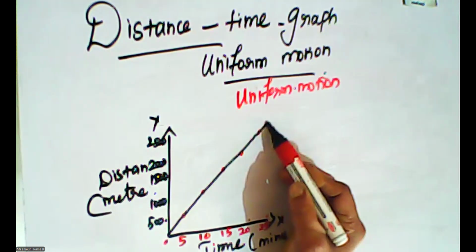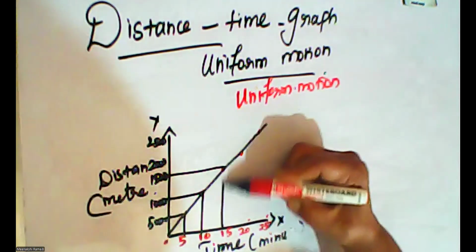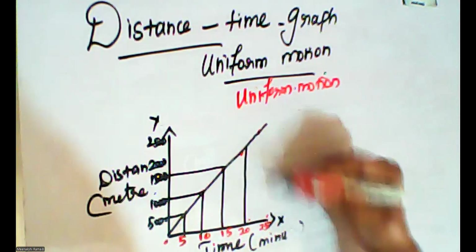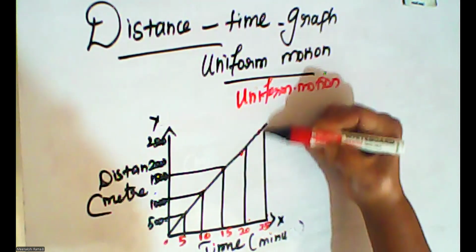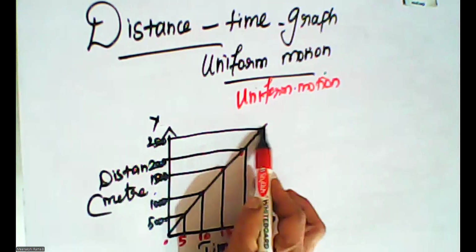Okay, so now I join the points. Yes, we got a straight line. Okay, so we got a straight line only. So this is a very good example for uniform motion. Yes, what is uniform motion?